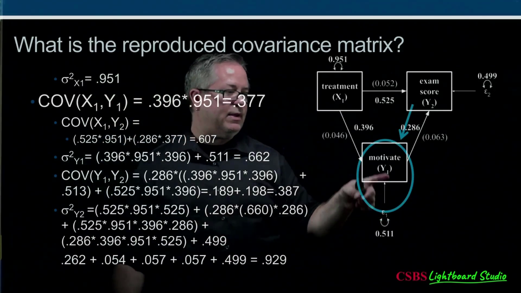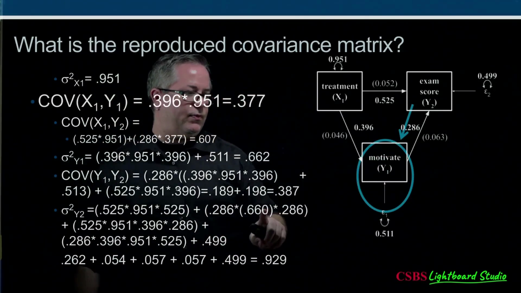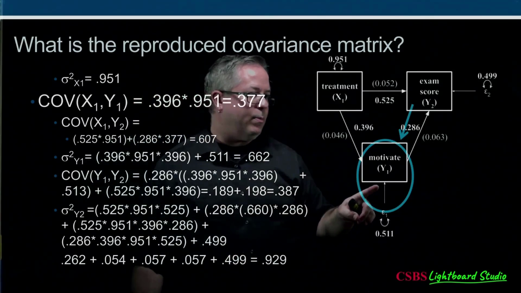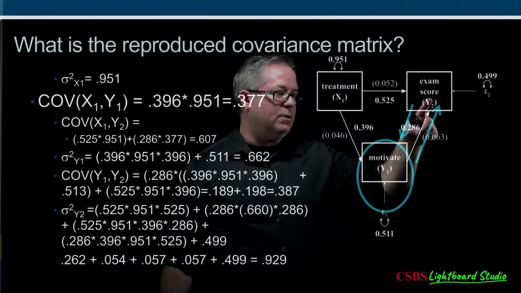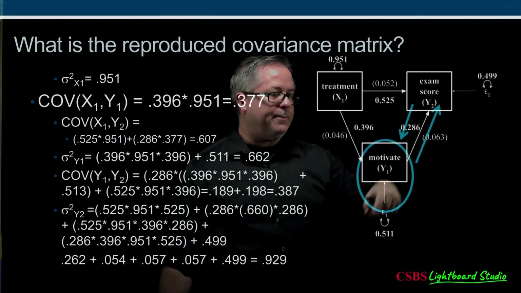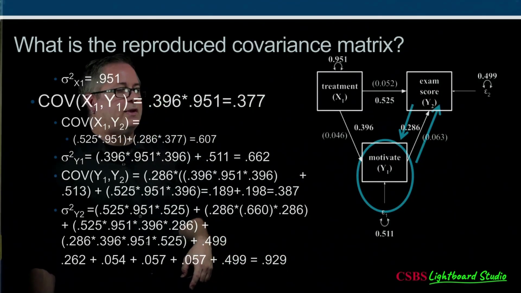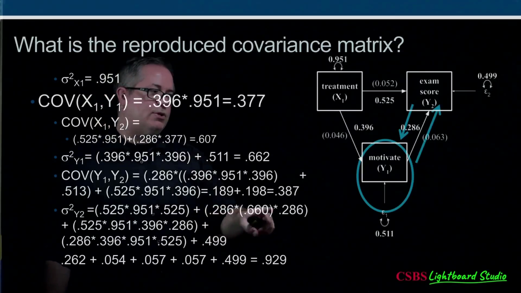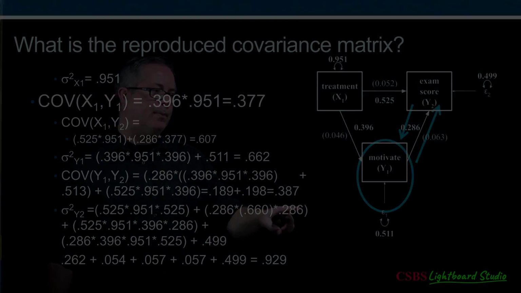Including the error variance and this whole thing together, which you figured out was 0.660. And then we're going to go back to y2. Right? So here and back. That's the second way. So that's the first way, the direct prediction from x1. This is the direct prediction from y1.